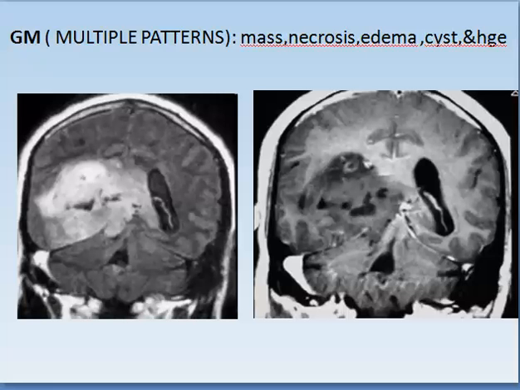We'll repeat again. The presence of a mass, necrosis, edema, cyst, hemorrhage, with crossing means glioblastoma multiforme.